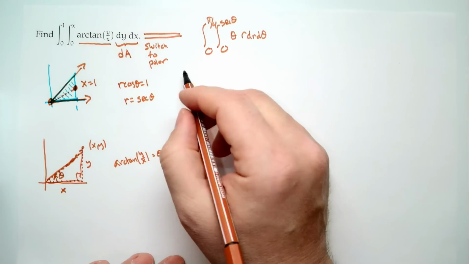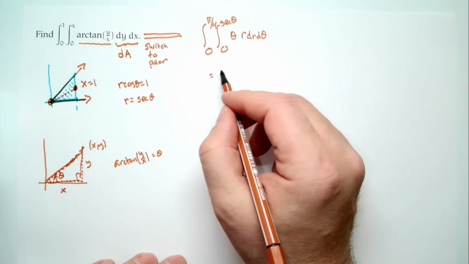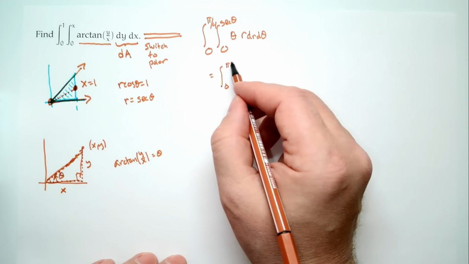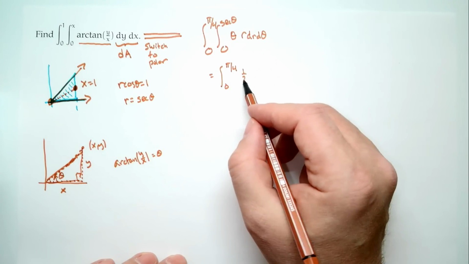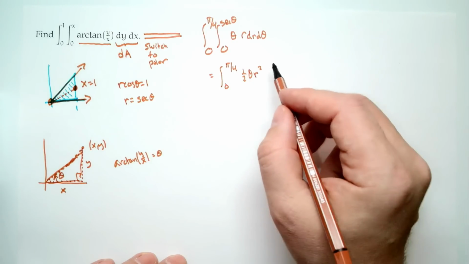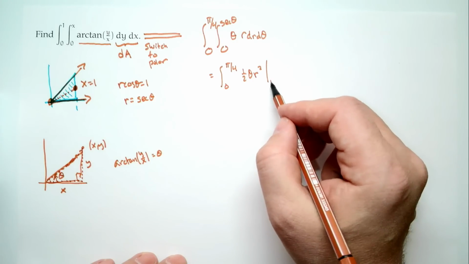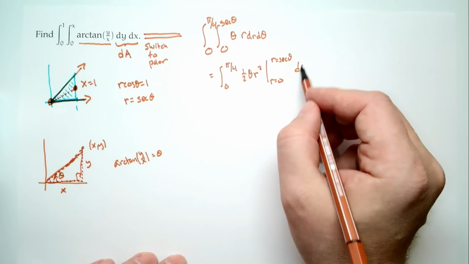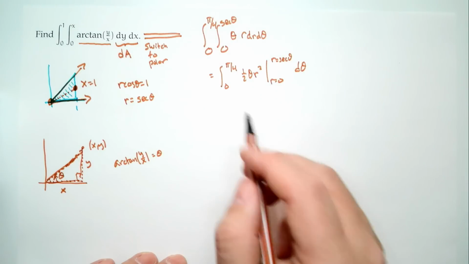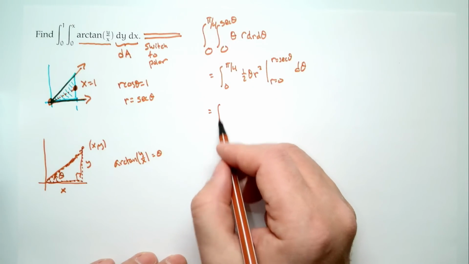Okay, so now we have a plan. We start the integral. So this becomes integral 0 to pi over 4. And we're integrating with respect to r. So it'll be 1/2 theta r squared from r equals 0 to r equals secant theta d theta. Now the nice thing is when you plug in 0, you get 0.